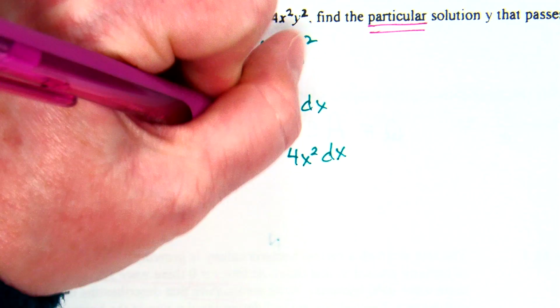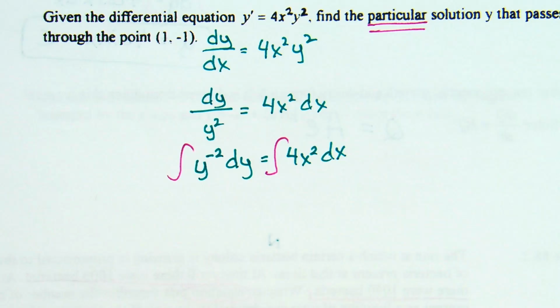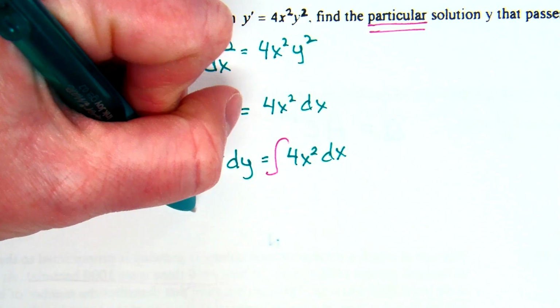What is the integral of y to the negative second? Negative 1 over y. Okay, yep. Not the form I was going to do right off the bat, but yes. If you add 1 to the power, it becomes y to the negative 1, divided by the new power, makes it negative y to the negative 1.